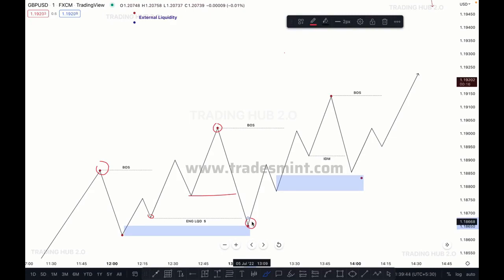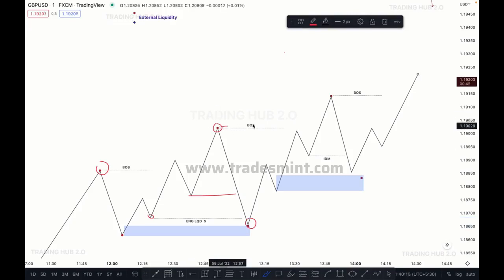We will discuss this in detail in the upcoming chapter on entry. In this video you only have to understand inducement, find the inducement, find the engineering liquidity and external liquidity, because these three things are very important to understand. Without this liquidity and inducement you can't trade.